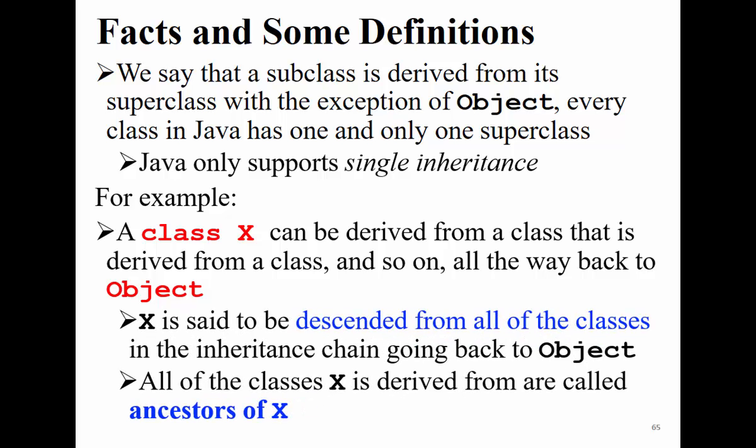X is said to be a descendant of all classes in the inheritance chain, going back to Object. And all the classes X is derived from are called ancestors of X.